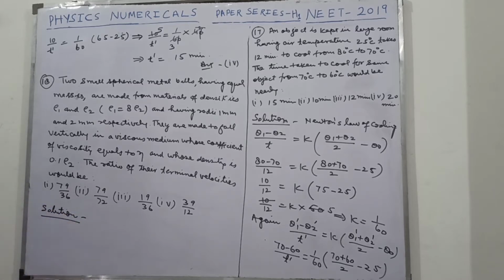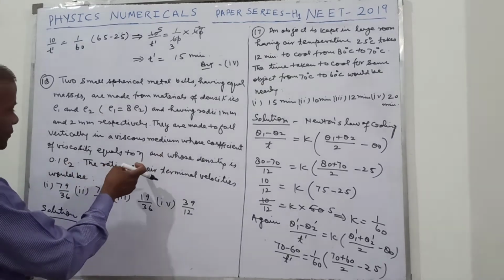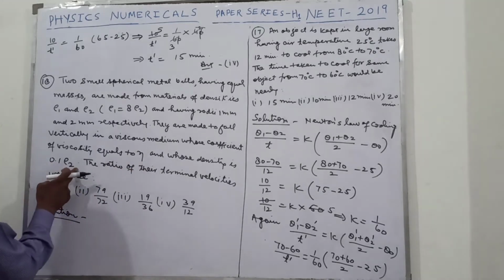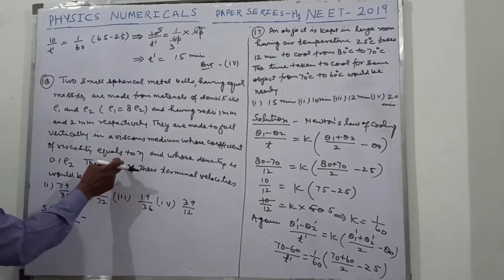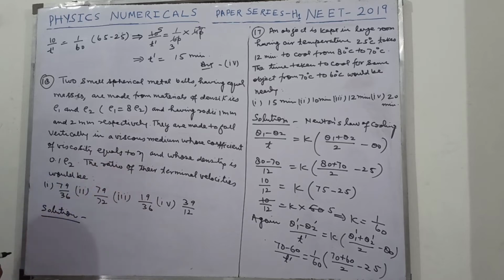Now it is given that the two spherical balls have densities with the relation given here: rho 1 is equal to so much rho 2, and the density of the medium is also given, that is 0.1 rho 2, and the coefficient of viscosity is given as eta.